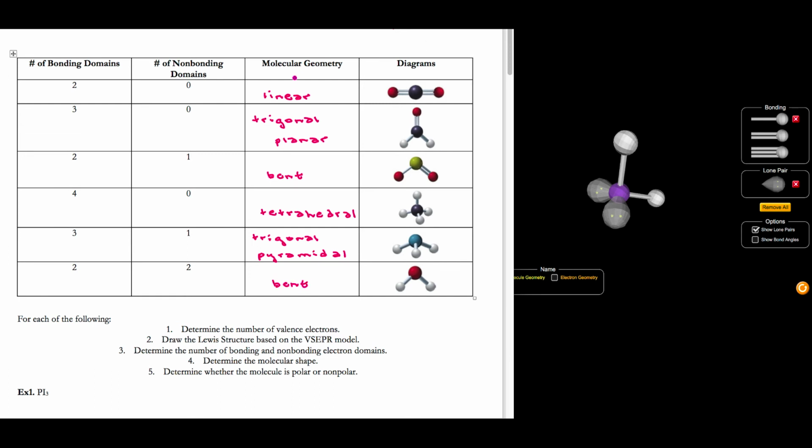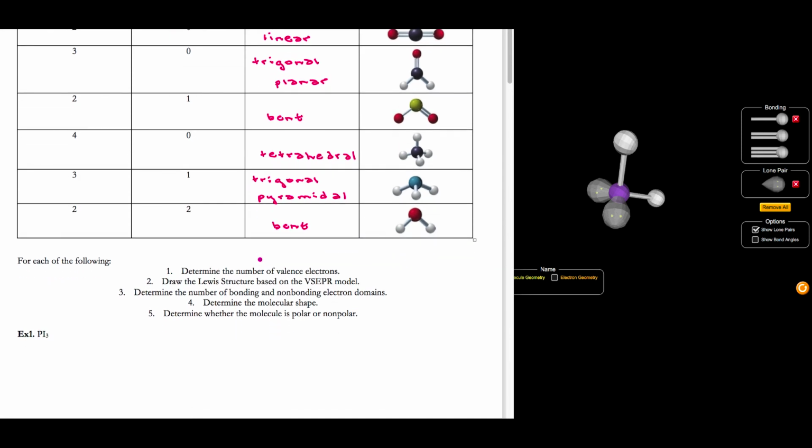All right, so in these examples, I give you multiple examples. We're going to go through the entire process that we've covered over the last 3 lessons: counting valence electrons, determining the Lewis structure using the VSEPR model, determining how many bonding and non-bonding electron domains a molecule has, determining its molecular shape or its molecular geometry, it's the same thing, and then also determining whether the molecule is polar or non-polar, which we looked at in the last lesson.